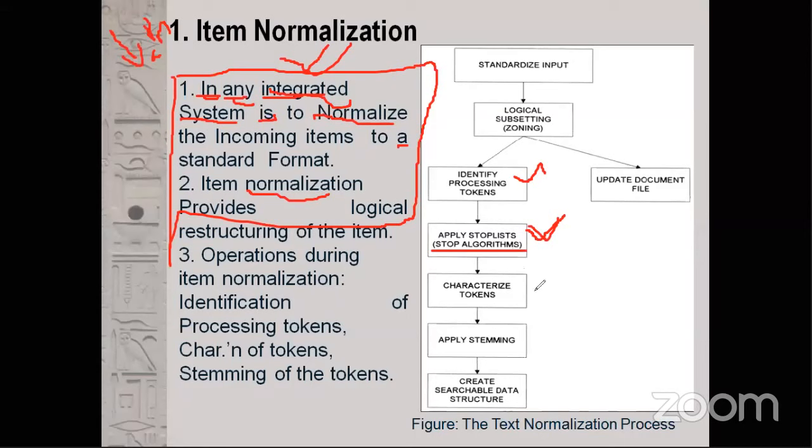Characterizing the tokens means here we need to finalize the tokens, whatever tokens you have to identify. How are we finalizing all these tokens here? Characterizing means, for example, if I take the one word "plane", what is this plane in my sense?